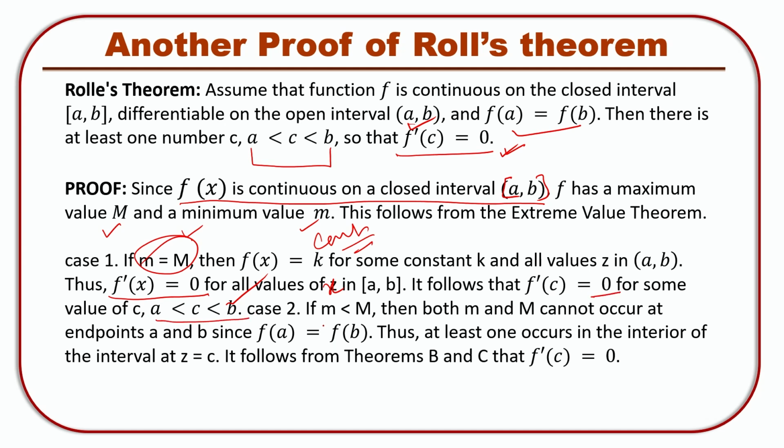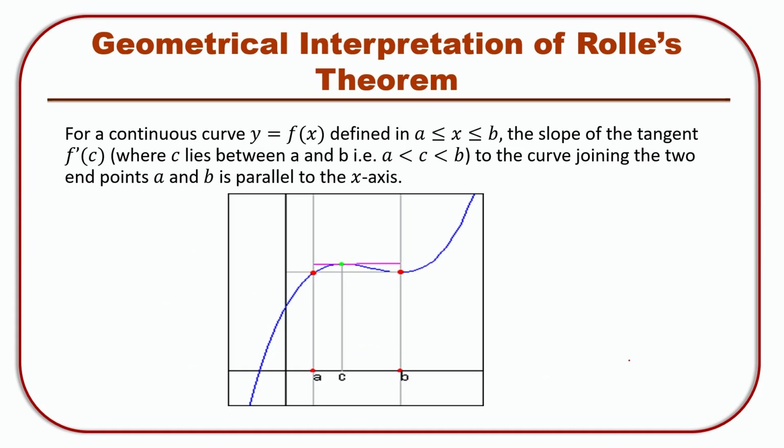Case 2: if m is less than capital M, then both m and M cannot occur at the end points a and b, since f(a) equals f(b). Thus at least one occurs in the interior of the interval, at x equal to c. So it follows from the earlier theorems that f dash of c is going to be 0.